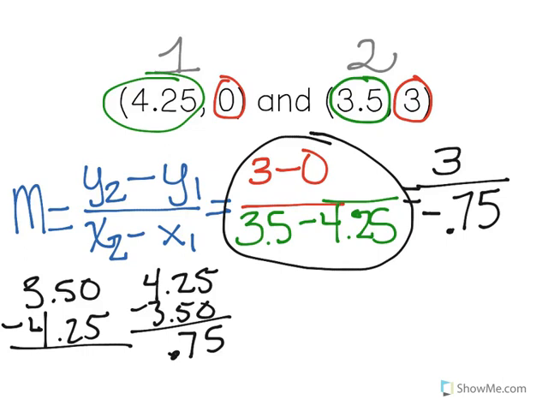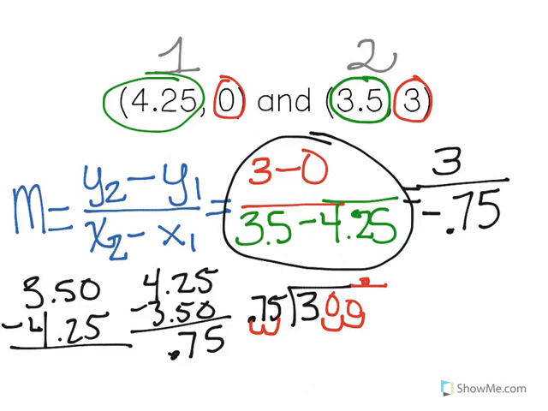So when I divide, my 3 goes on the inside, as my dividend. My 75/100 is my divisor. I have to move my decimal twice to get my divisor as a whole number. And then I will divide.